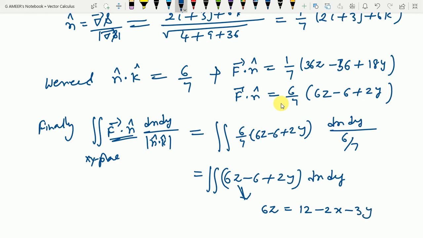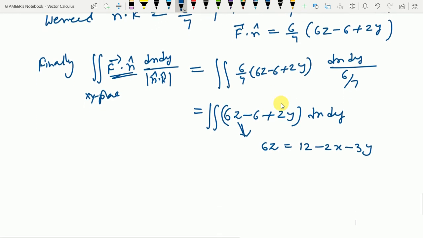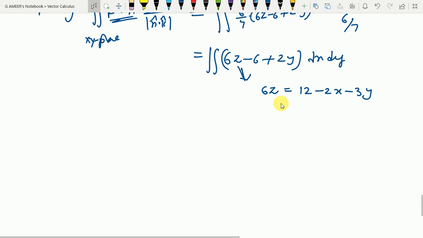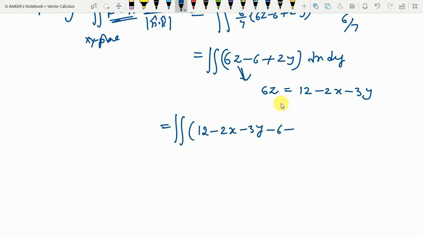Now I'll substitute this. So when I substitute this, this will become the integration of 12 minus 2x minus 3y minus 6 plus 2y.